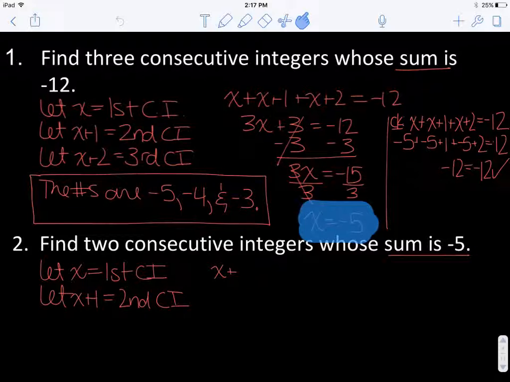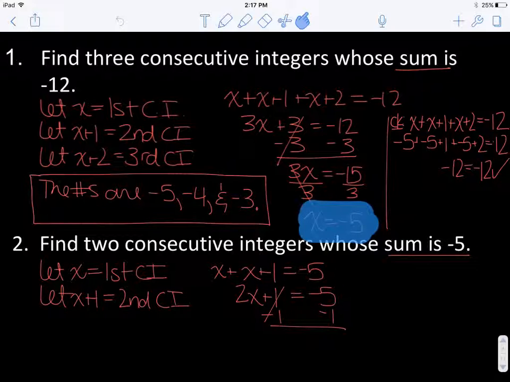So x plus x plus 1 equals -5. Combine like terms, 2x plus 1 equals -5. Subtract 1 on both sides. 2x is equal to -6. We'll divide by 2, and we get x equals -3.